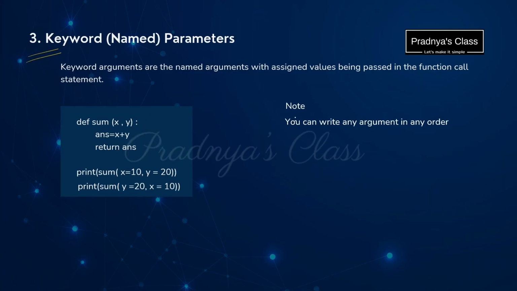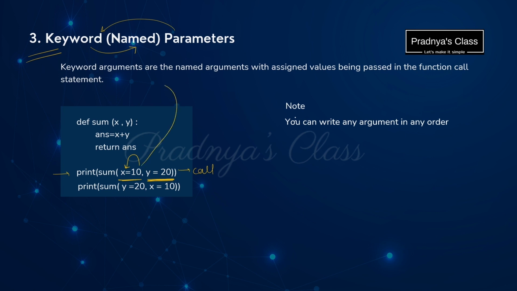Here is the third type of parameter. It is known as a keyword or named parameter. In this case, when we call the function, we will be passing the value with its name. That's why it is called a named parameter. Look at this statement, x equals 10 and y equals 20. We are specifically mentioning the name of the variable along with the value.